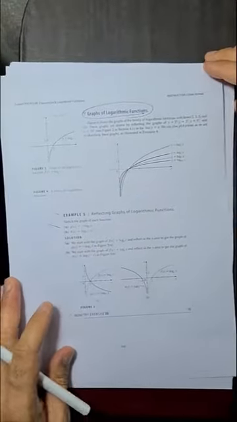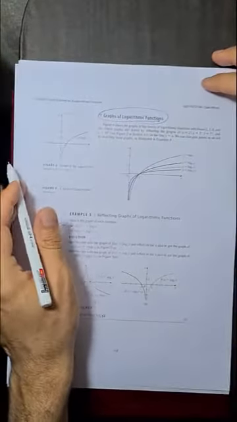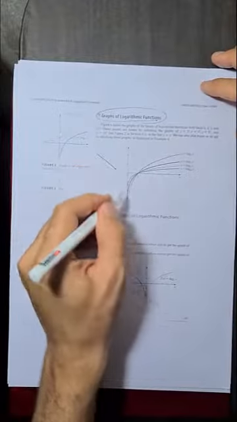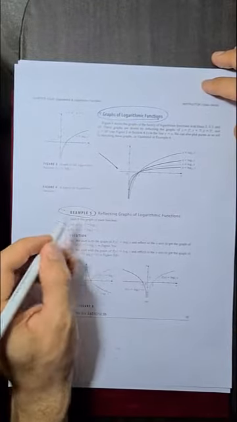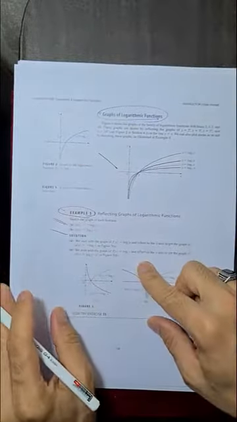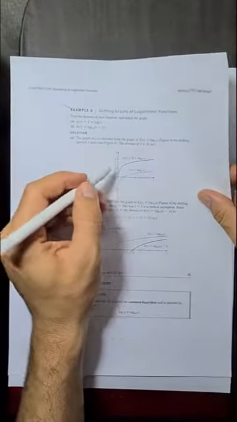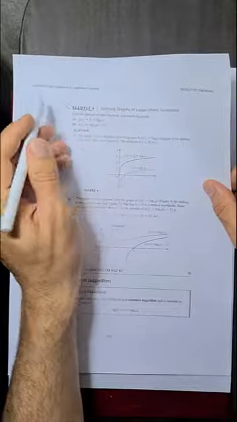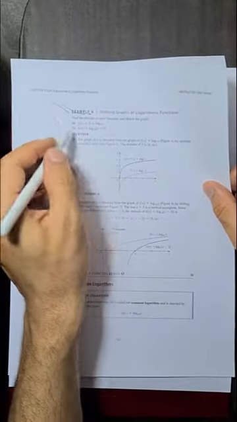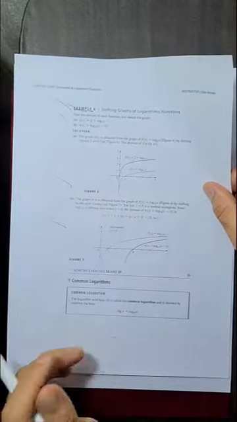Going to page 118, the important thing is how to sketch the graph, and example 5, A and B, they are very important. Next, page 119, we have example 6, A and B, which are very important, and here is your solution.